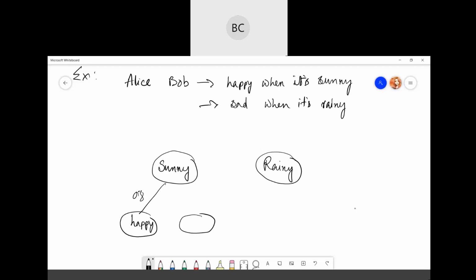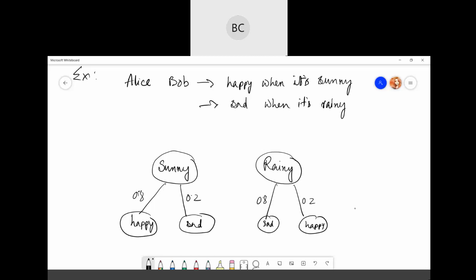In some events he might be sad because other factors are involved, so even though it's sunny, he might be sad, with a chance of 0.2. The same thing can happen in the case of rainy: sad is 0.8 and happy is 0.2.